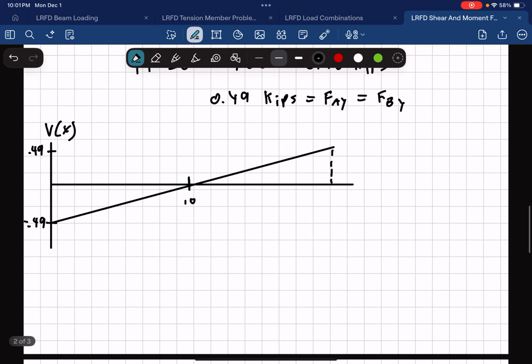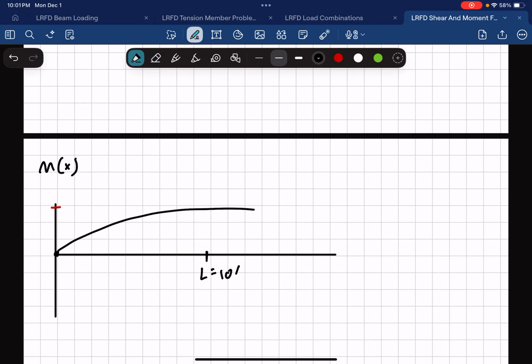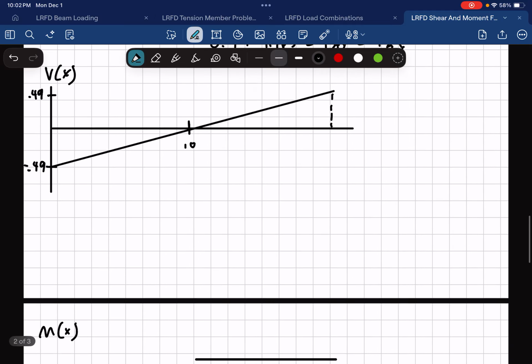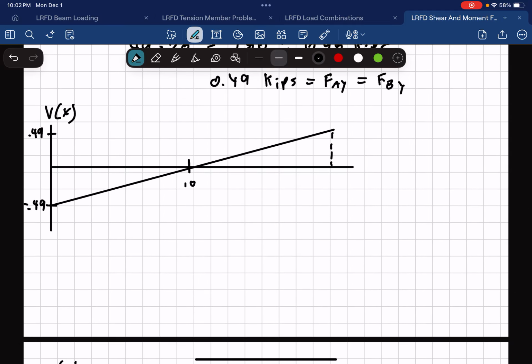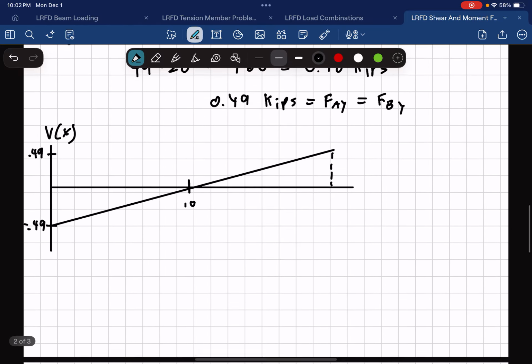So what we're going to be dealing with is a positive parabola that is going to terminate at 0 because those end reactions are equal, so it's going to come back. I have this slightly misaligned here. Let me draw this here. So this is going to be our peak. 10 feet, which is where the shear diagram crosses the x-axis, is going to be the peak of our parabola, and this function is increasing.